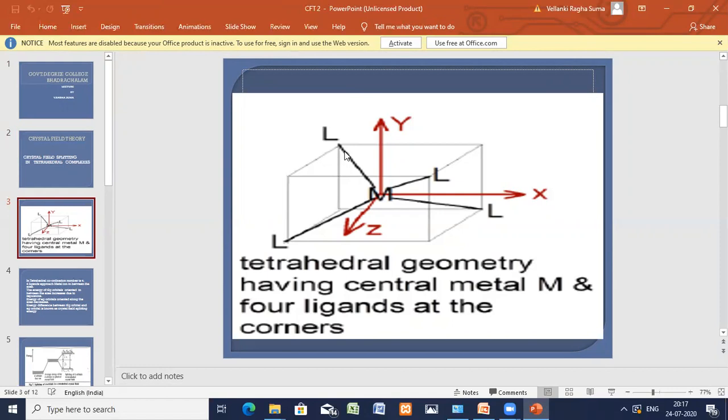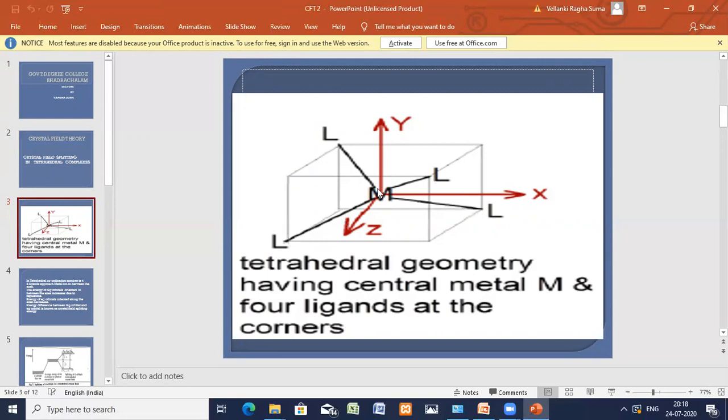Okay, the splitting of the d orbitals in the tetrahedral complex. It is very easy to understand the splitting pattern if the geometry is understood. So just assume a cube. In this cube, you have 8 corners: 1, 2, 3, 4, and here 1, 2, 3, 4. 4 plus 4, 8. In that, only 4 corners have the ligands.